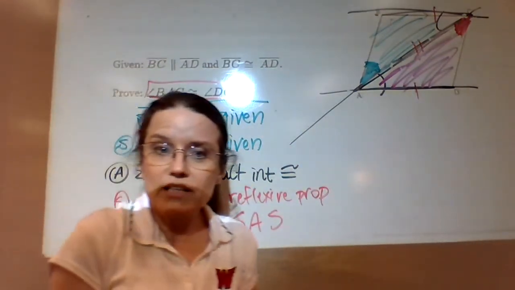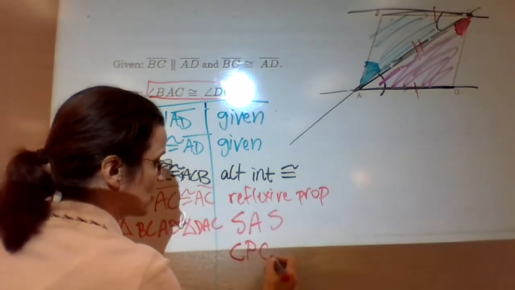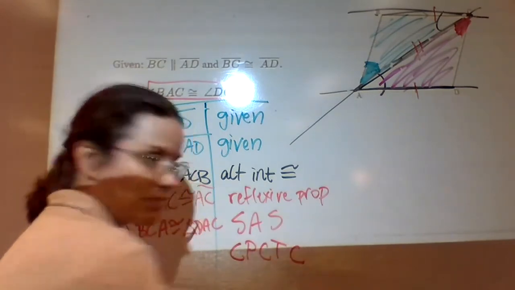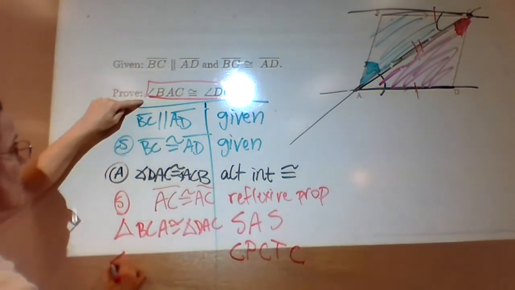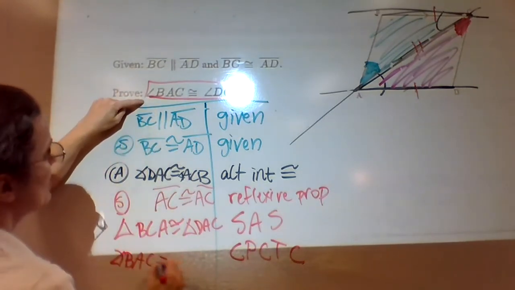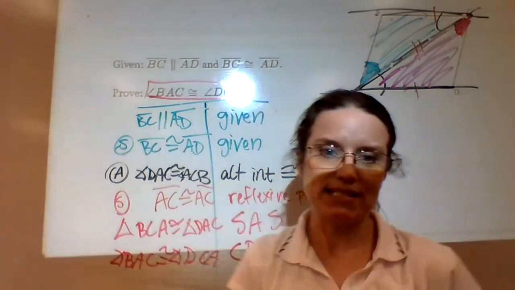They're corresponding parts of congruent triangles. So if I have corresponding parts of congruent triangles, they must be congruent. That's CPCTC. So I can say that angle BAC is congruent to angle DCA according to CPCTC.